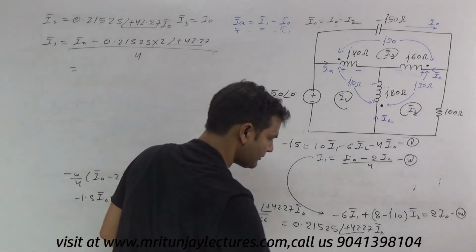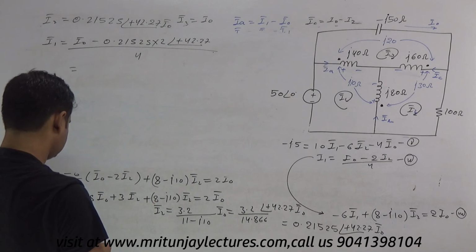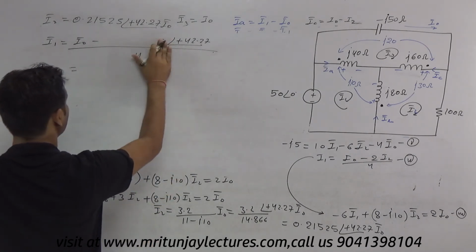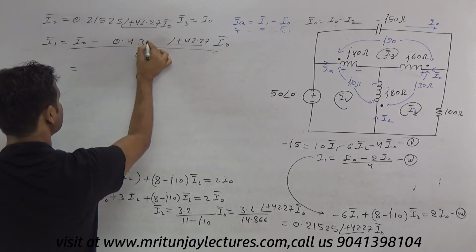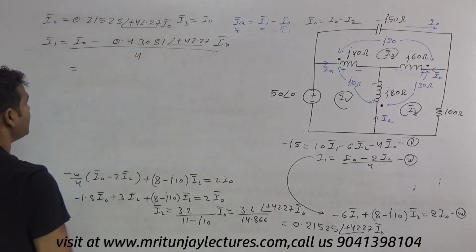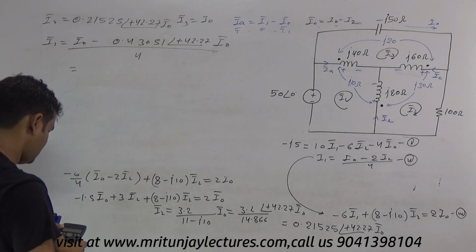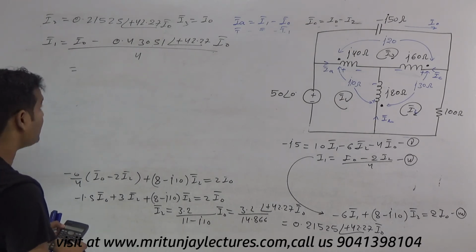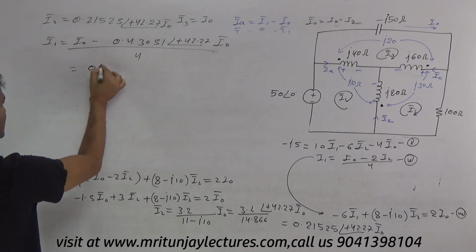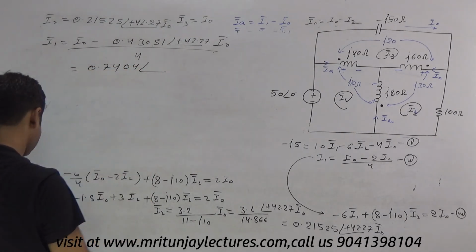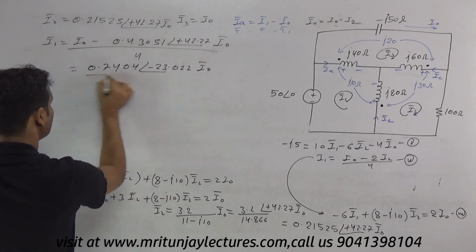So we got, after multiplication, 0.4305 into I naught, so 1 minus 0.4305 at the angle 42.27, this is 0.7404 at the angle minus 23.022 I naught whole divided by 4, that is I1.